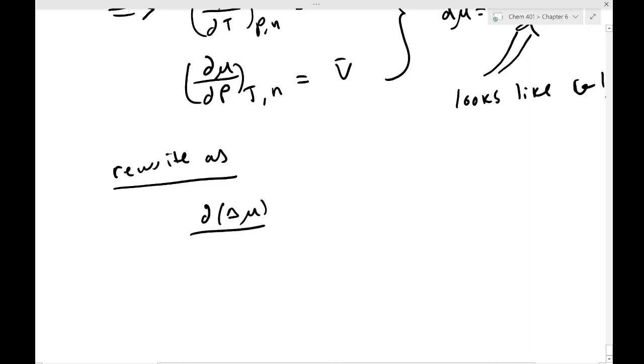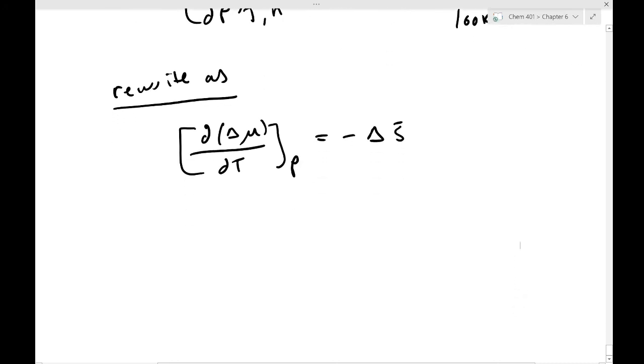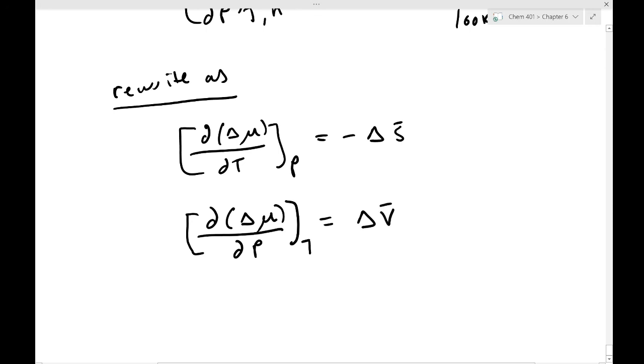So how delta mu changes with respect to the change in the temperature at constant P is equal to negative delta S. And we can also write how delta mu changes with respect to pressure at constant temperature is equal to delta V. And both of those are molar quantities. Okay, what does this actually help us with?